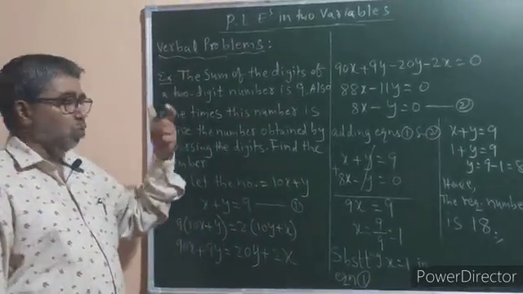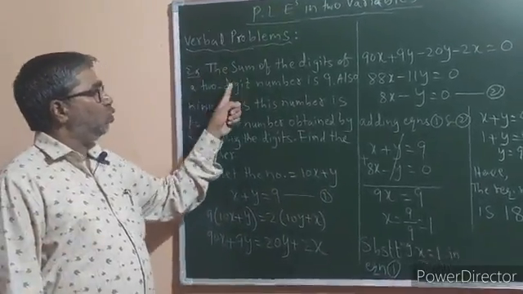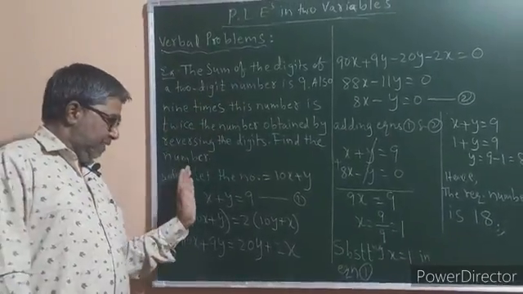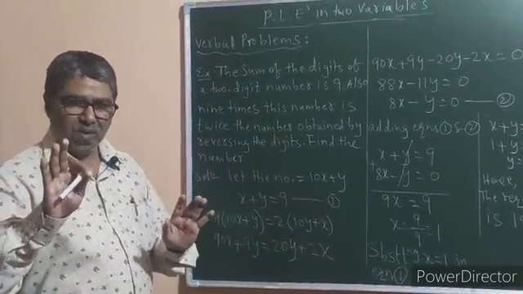Now according to the first condition, the sum of the digits of a two-digit number is 9. That is x plus y is equal to 9. This is our equation number 1.